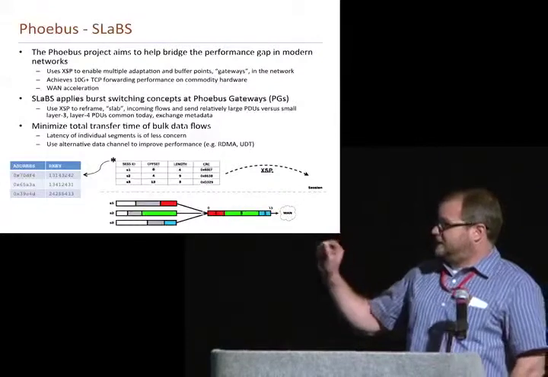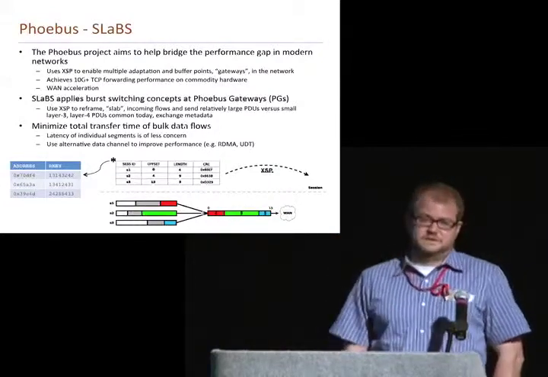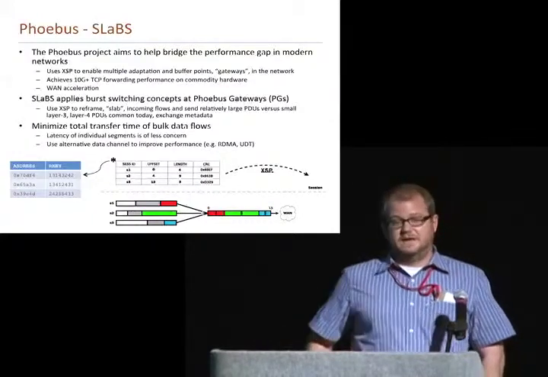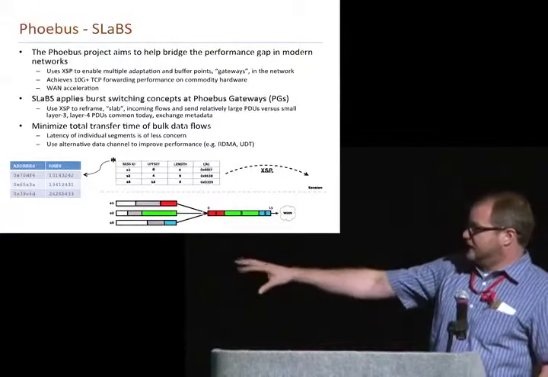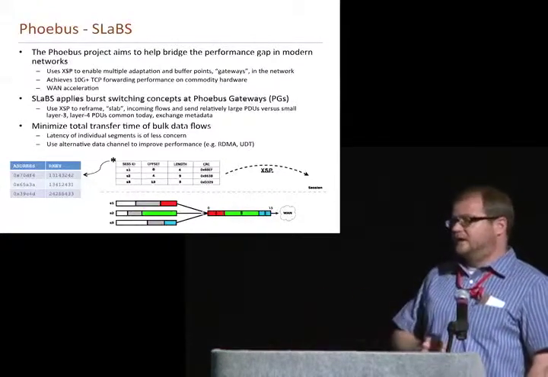Slabs basically applies burst switching context to the Phoebus gateway. We call it session layer burst switching, and the idea is that, as you can see at the bottom, various connections are set up. The Phoebus gateway is buffering data over time.